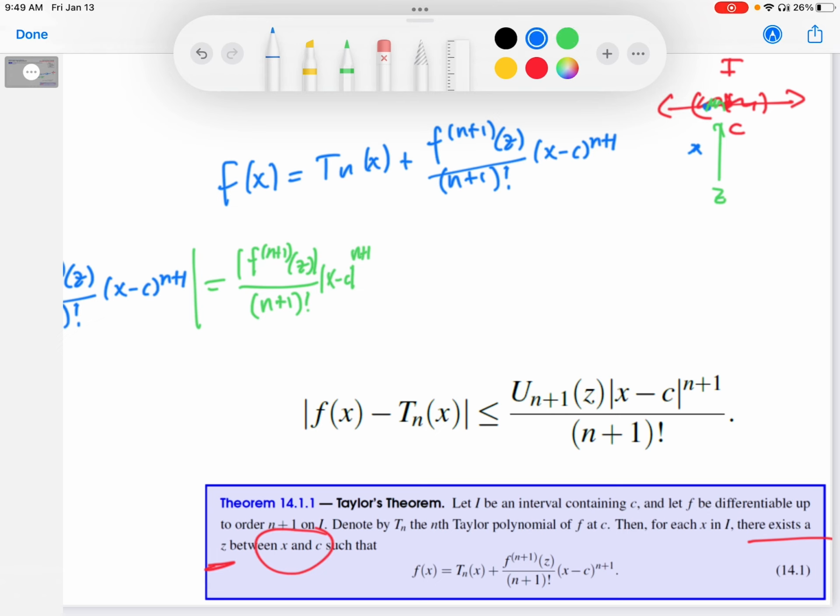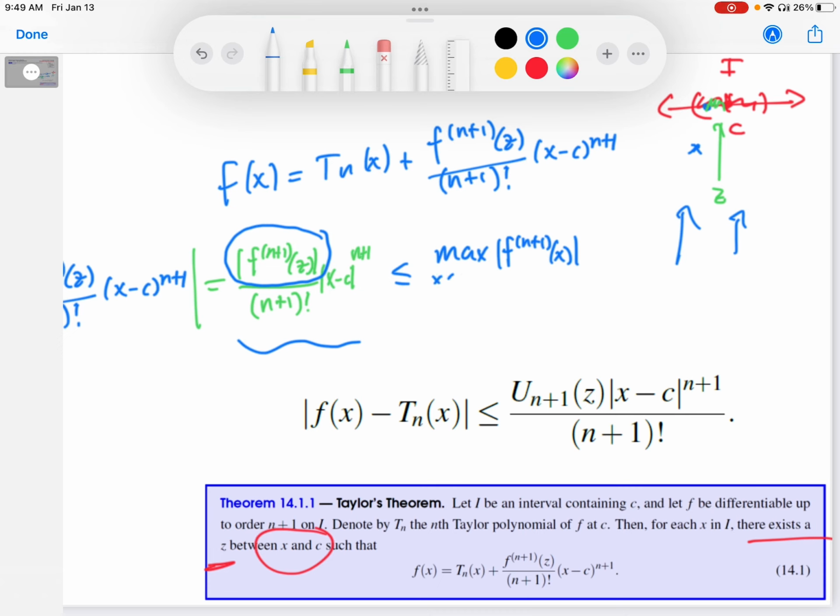But what if we now assume that I can find the maximum of the n plus 1 derivative of f over the interval between x and c? Then I would say that this entire thing is less than or equal to the maximum of the absolute value of the n plus 1 derivative of f over the interval.